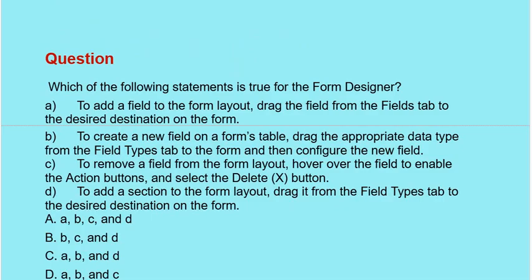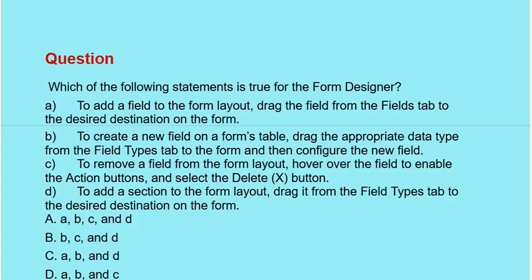Question is which of the following statements is true for the form designer? Option A to add a field to the form layout, drag the field from the Fields tab to the desired destination on the form. Option B to create a new field on a form's table, drag the appropriate data type from the Field Types tab to the form and then configure the new field.